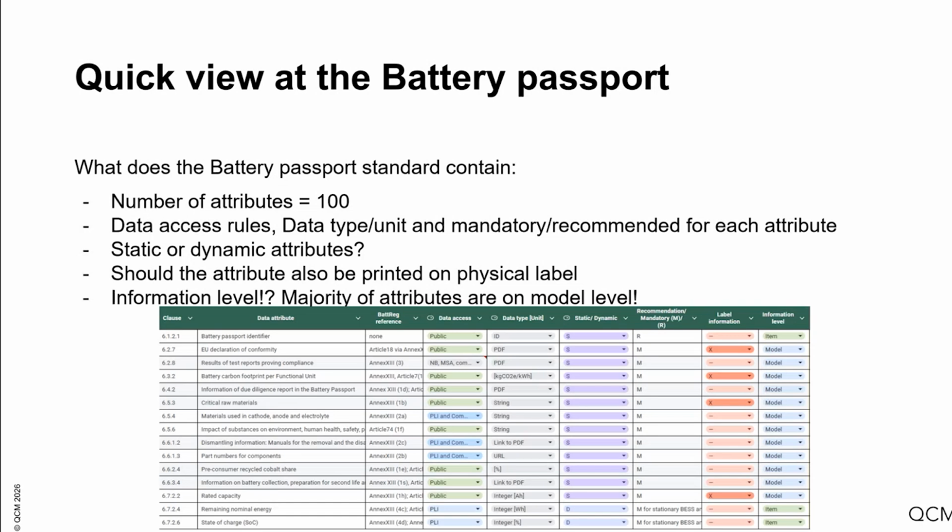Quite a lot of the batteries are only for stationary batteries. For example, different dynamic attributes because they need to be connected, so IoT connected. But what can you also find in this standard? Yes, you can find the access rules. You can find the data type and unit you need to use, if there's mandatory or recommended for each attribute, and so on.